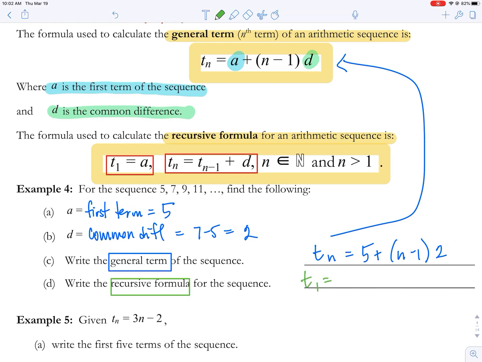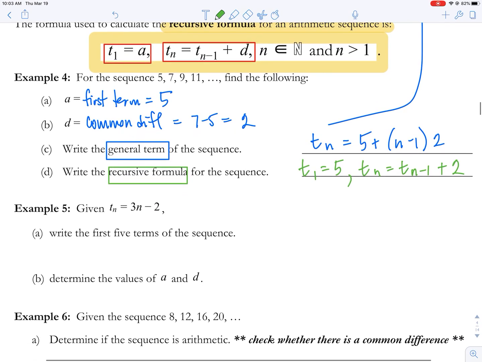So t1 equals 5, comma, tn equals the previous term plus 2 with all the restrictions. n must be a member of the set of natural numbers, and n must be greater than 1. We're not going to bother writing that out every single time, though. So we've got the general term and the recursive formula, both different, using the same stuff.